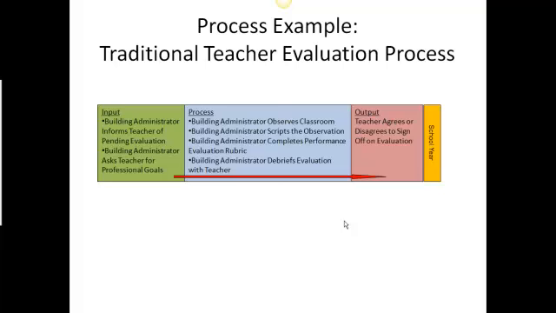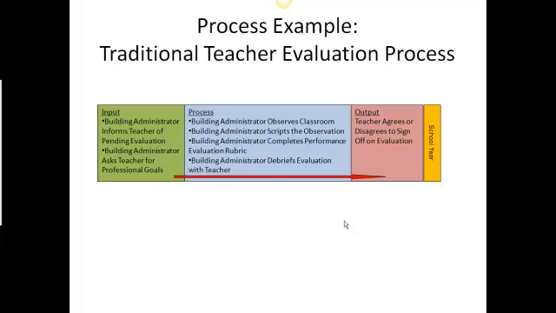So you start with informing the teacher, look, this is the year that I'm going to be doing an observation of you. And many building administrators in this case will ask the teacher, can you send me a short list of two or three professional goals that you're trying to work on this year? So that's all a part of the actual input.